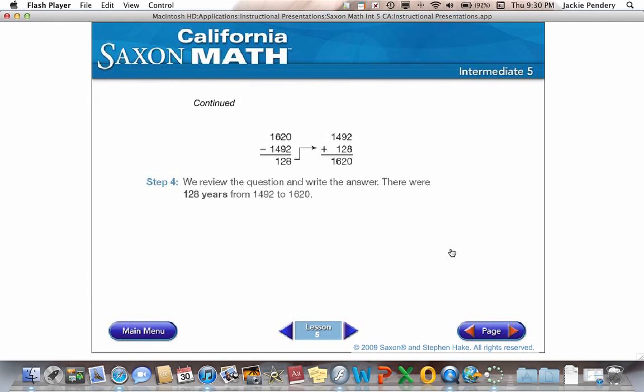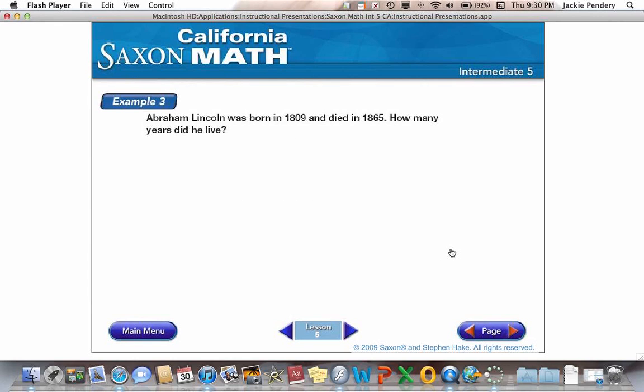All right, Abraham Lincoln, one of our most famous presidents, was born in 1809 and died in 1865. How many years did he live? Again, we have the whole timeline concept. Okay, a little bit smaller scale this time.